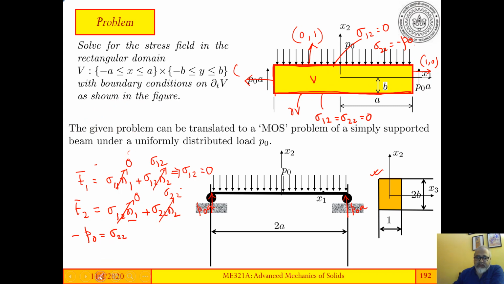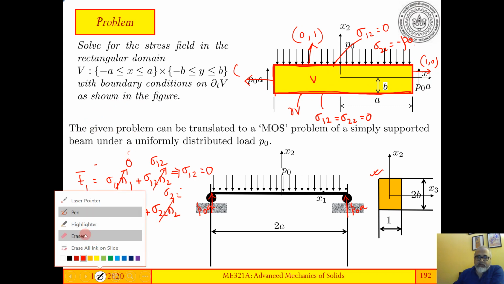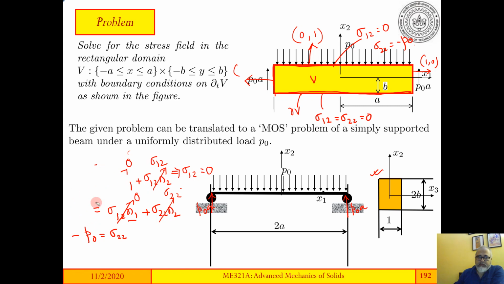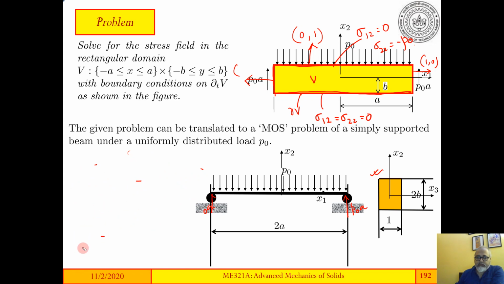The T bar traction is not actually clear from the problem. So this might be a distributed force over this whole edge, or this might be a concentrated force at the corner, as would happen if it was subjected to a boundary condition like this.